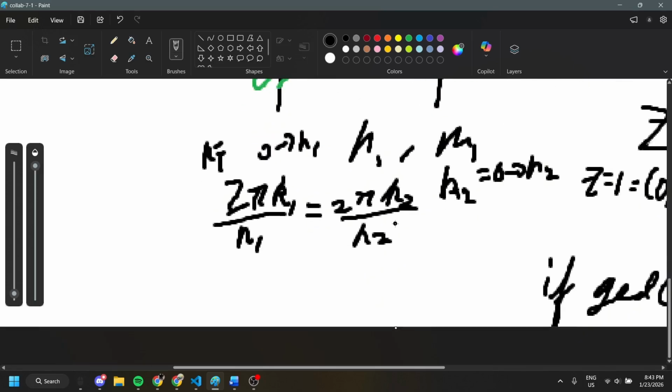So we can divide by 2 pi on both sides to just get k1 over n1 is equal to k2 over n2.